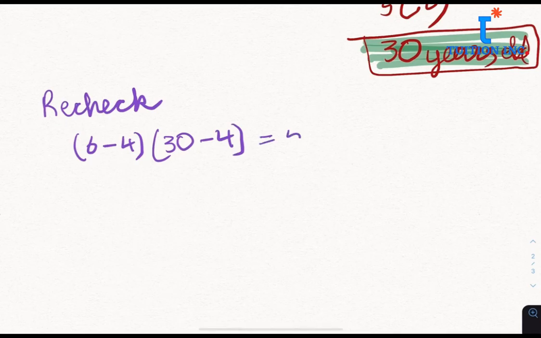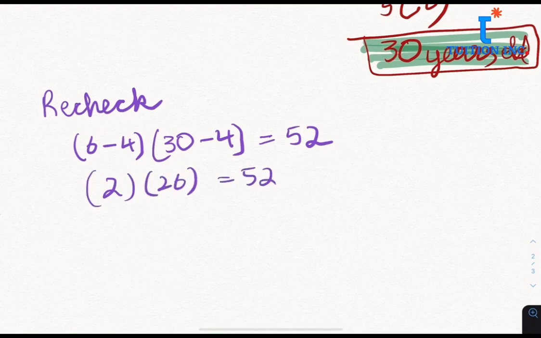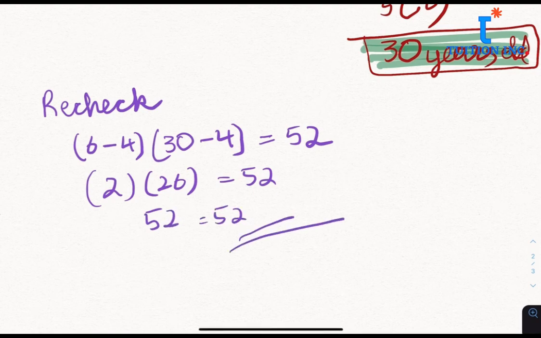And the product must be equal to 52. 6 minus 4 is 2 and 30 minus 4 is 26, which is actually 52. Thus, this equation holds true and our answers that we calculated, 6 and 30, are the correct son's and father's present age.